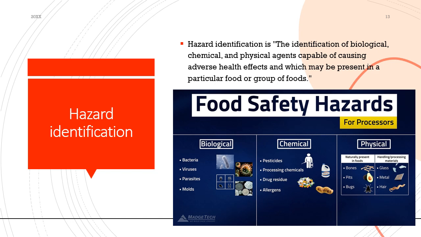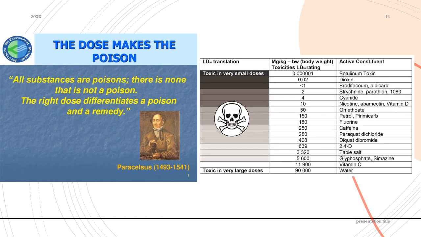If we talk about contamination in food, everything is toxic depending on the dose. This comes from Paracelsus, who said that all substances are poison; it depends on the dose. To determine whether something is hazardous or not, we can investigate using the lethal dose 50.